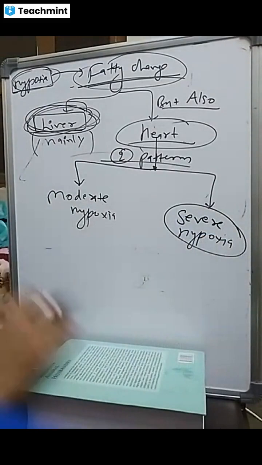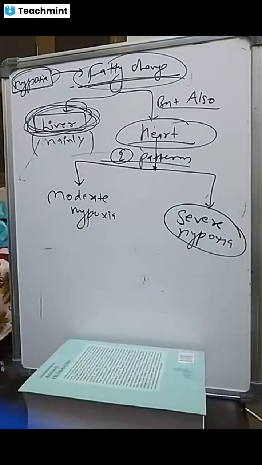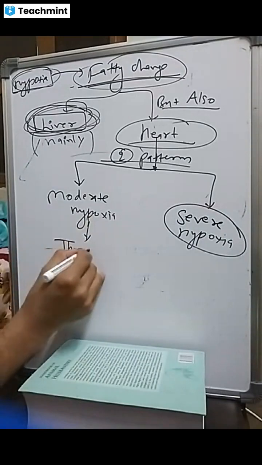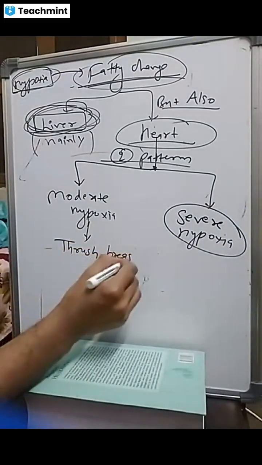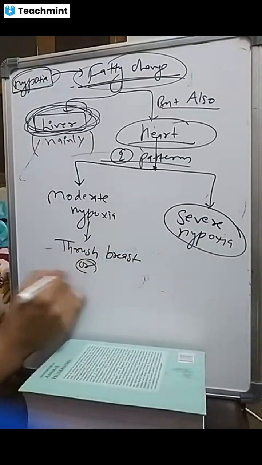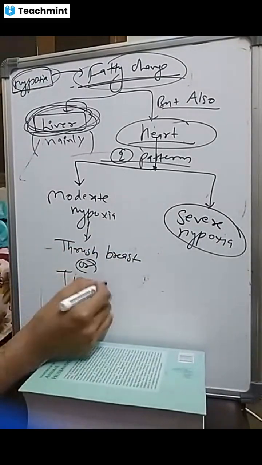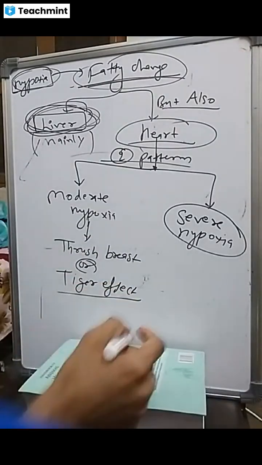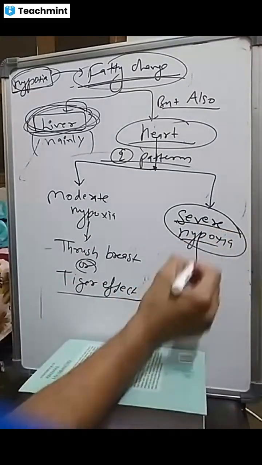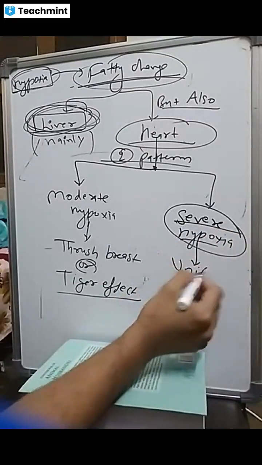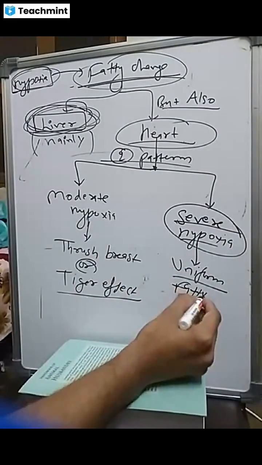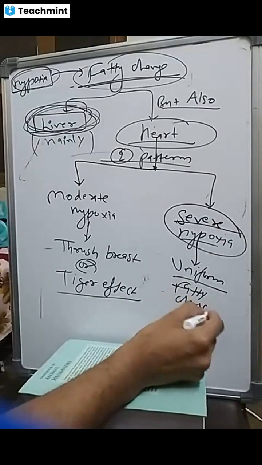In the case of moderate hypoxia, the condition is called thrush breast or tiger effect. It is also called the tiger effect. In the case of severe hypoxia, there is uniform change. There is uniform fatty change.